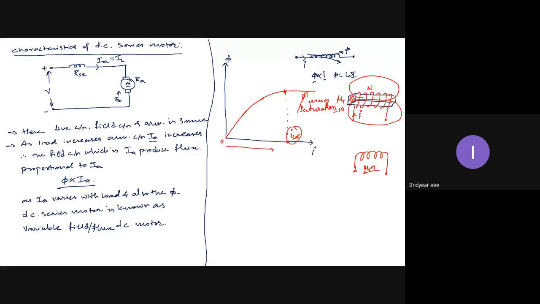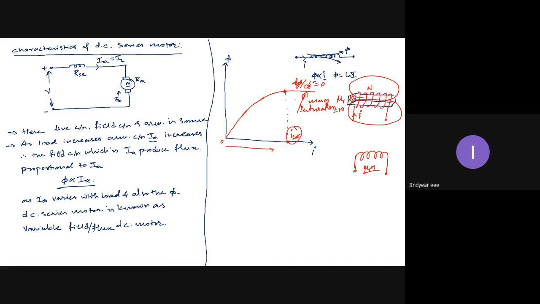Once the core saturates, d phi by dt becomes 0. There is no change in flux with respect to time. Once the core saturates, the energy conversion in the rotating machine stops. Energy transfer in the transformer stops.